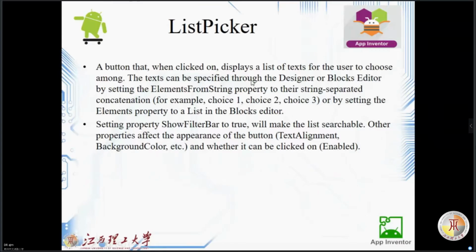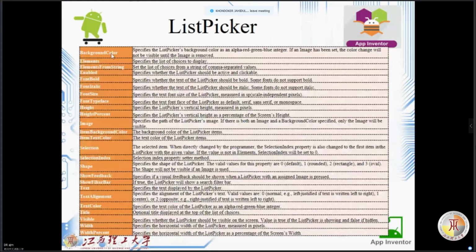There are lots of things you can do with the list picker. That is why I tell you there is lots of work if we want to just focus on this part. You can specify the text, which can be in italic, font size, font type, height, selection, text alignment, visible, non-visible; all can be tuned very nicely in the properties section.